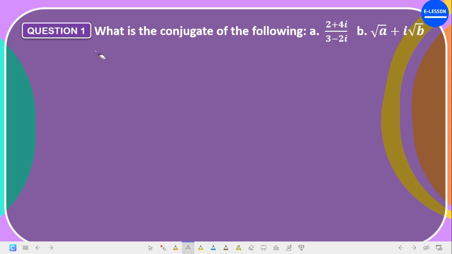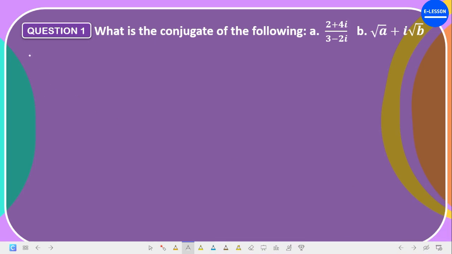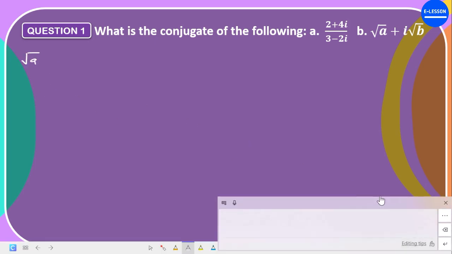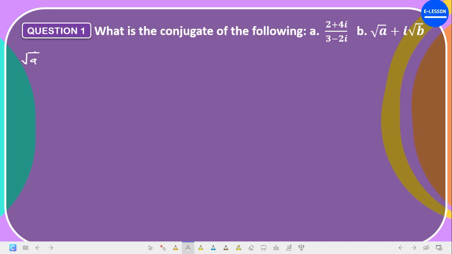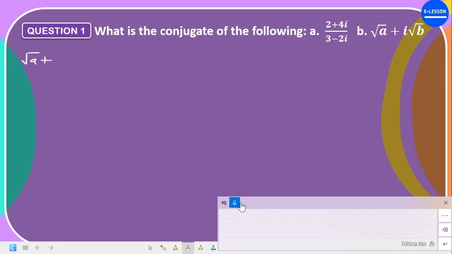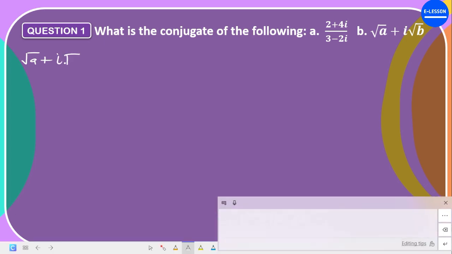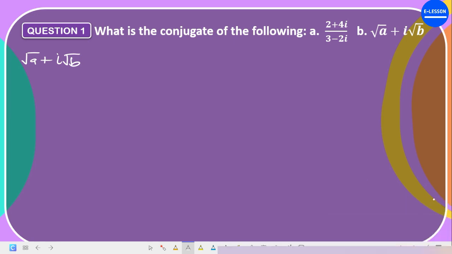The conjugate of this complex number: let's take root A plus I root B. Now this is the real part and this is the imaginary part.